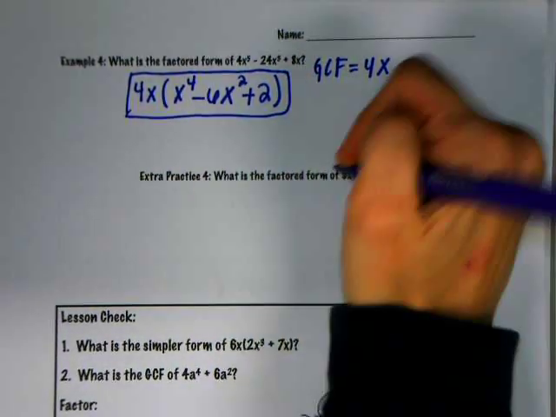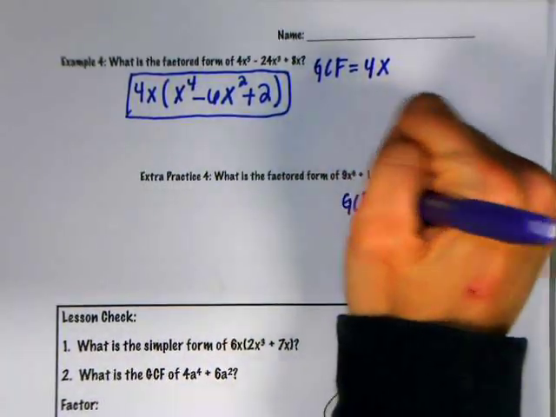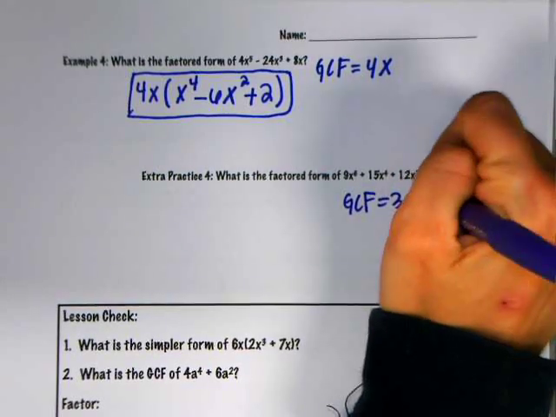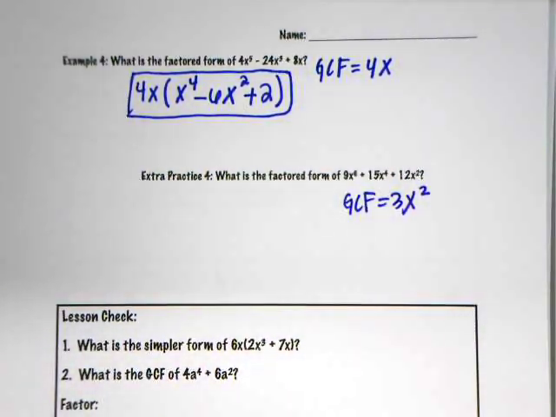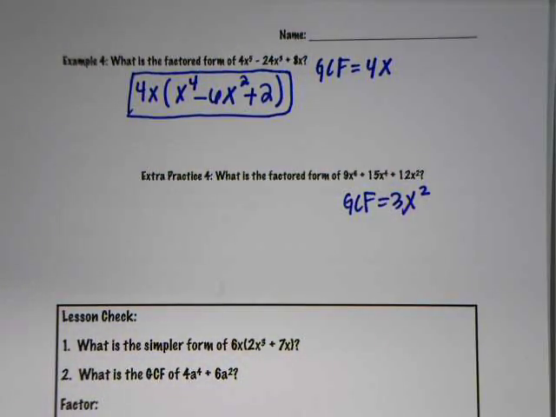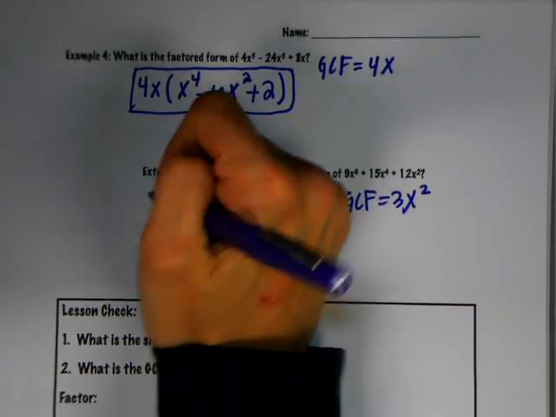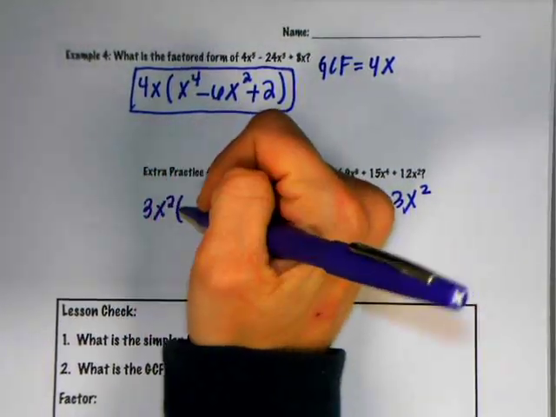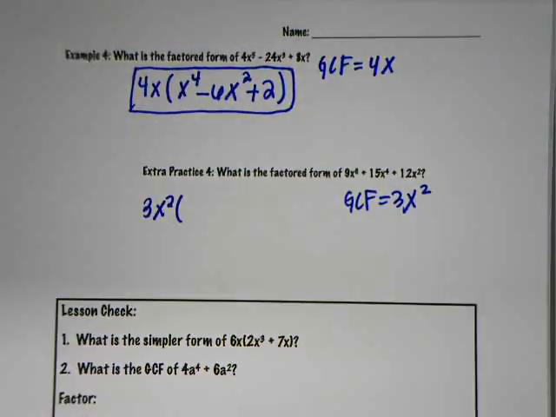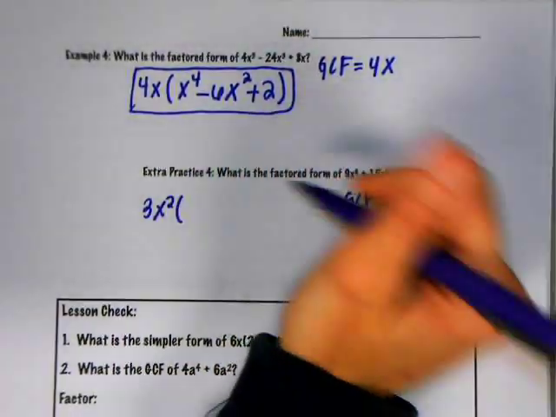All right, so what did you guys say was the GCF of this? 3x squared. Okay, so you're going to put the 3x squared out front. So it's 9x to the 6th divided by 3x squared.